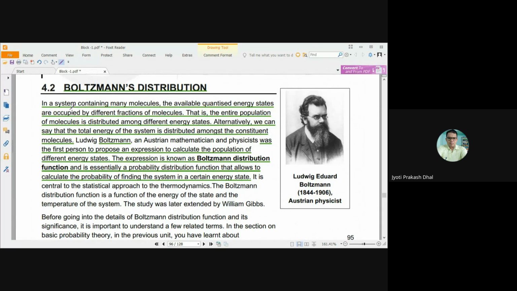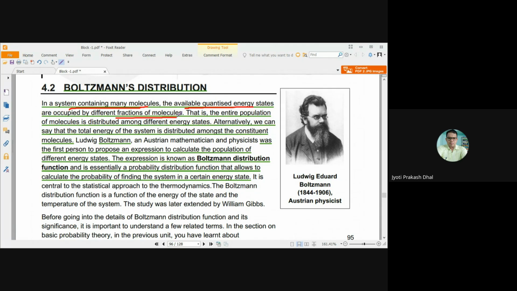In a system containing many molecules, the available quantized energy states are occupied by different fractions of molecules. Suppose a large number of molecules are there in a system, and the available quantized energy states are occupied by different fractions of molecules.